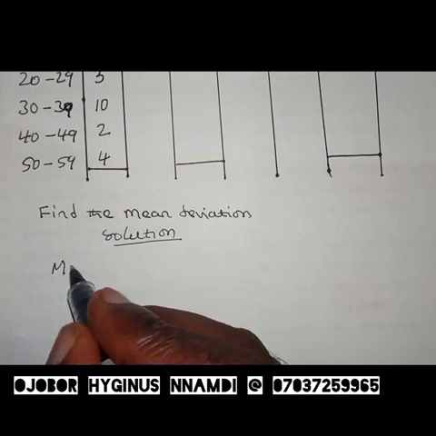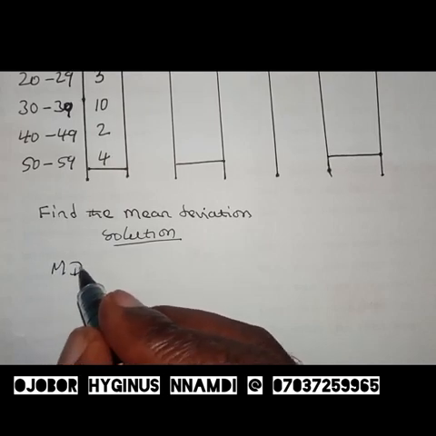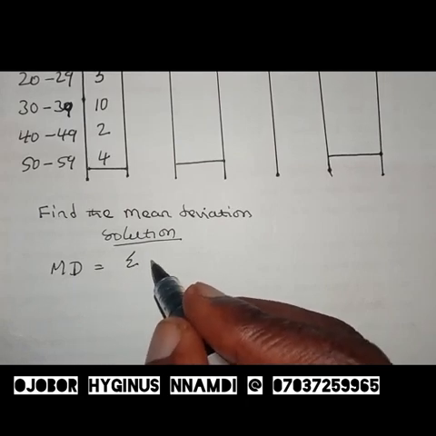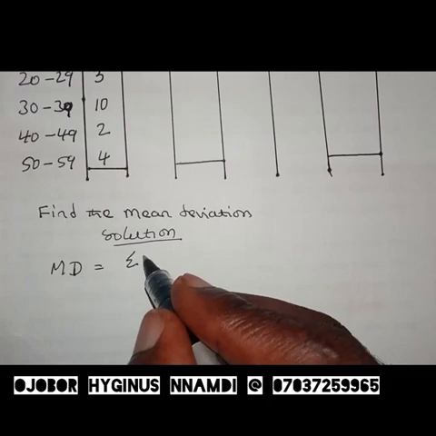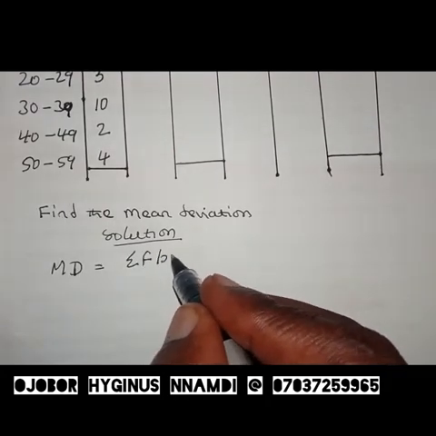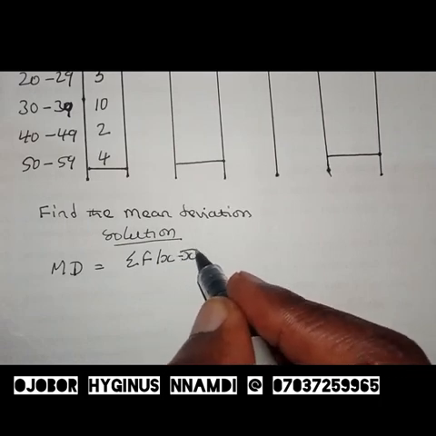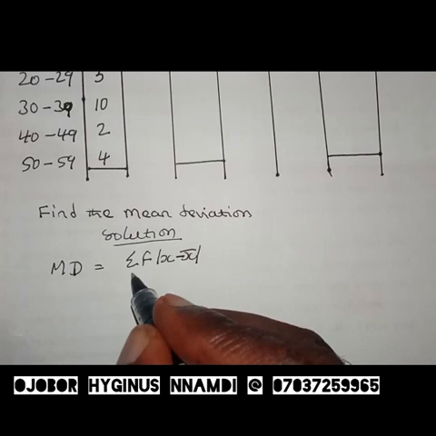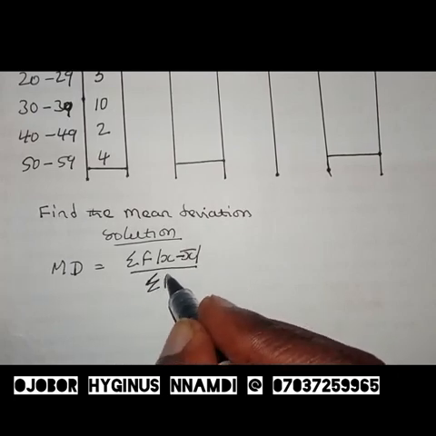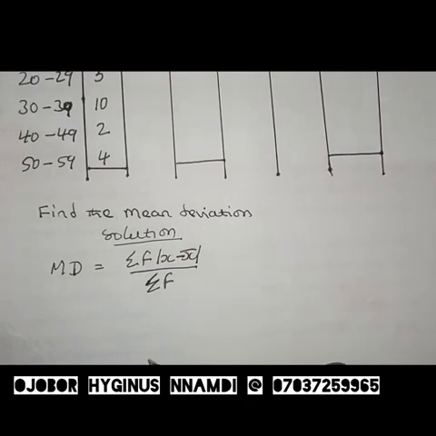is mean deviation, represented with MD, is the sum of, since this distribution has a frequency, the sum of the product of the frequency and the deviation from the mean, divided by the sum, which is sigma f, the sum of the frequency.